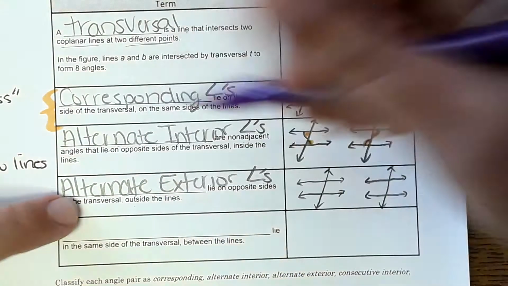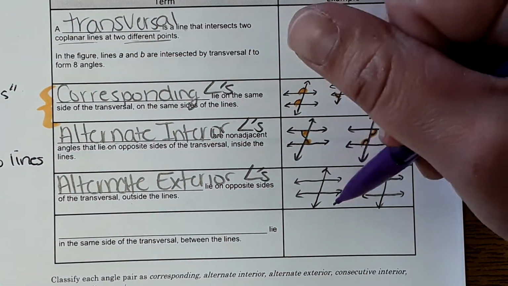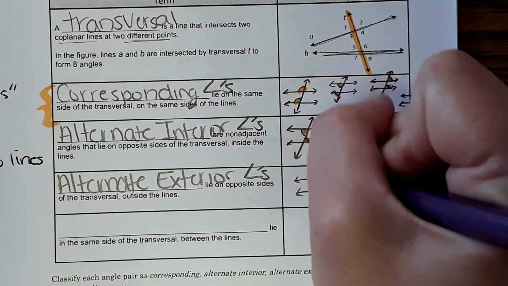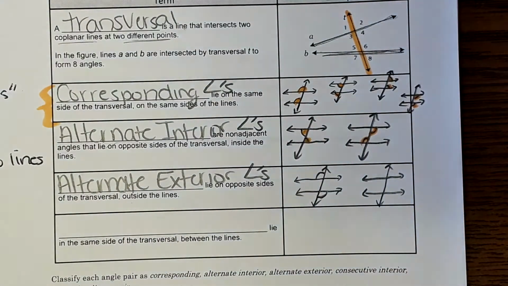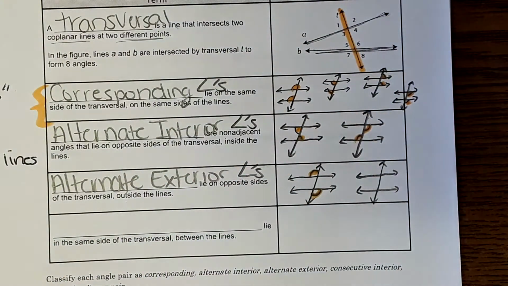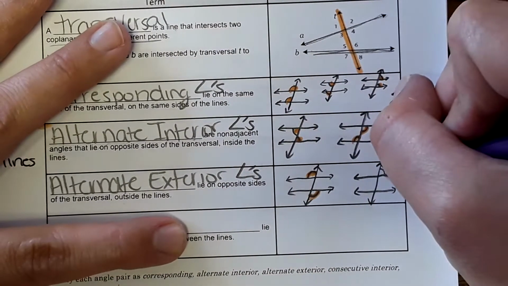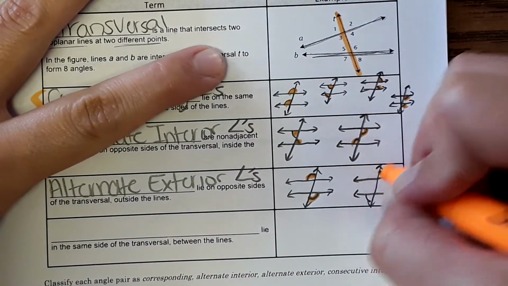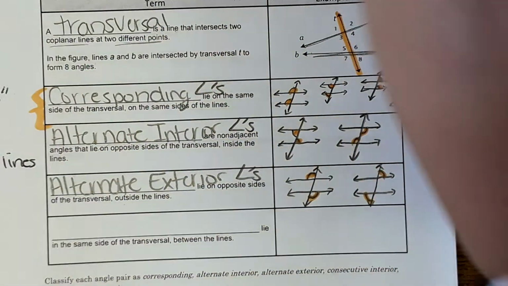Okay, alternate exterior, alternate sides of the transversal, and exterior meaning outside the parallel lines. So we got this angle and this angle are alternate exterior. And then over here, this angle and this angle are alternate exterior. And alternate exterior also have the same measure.